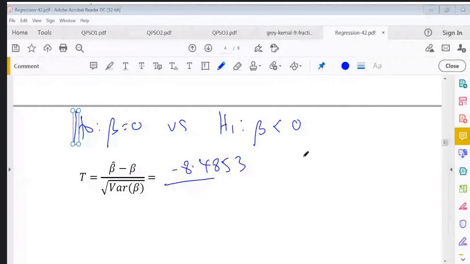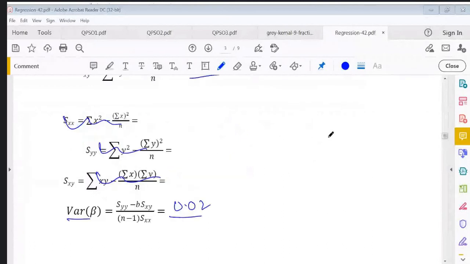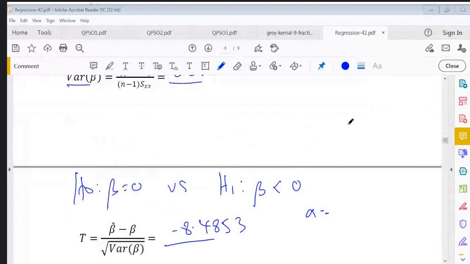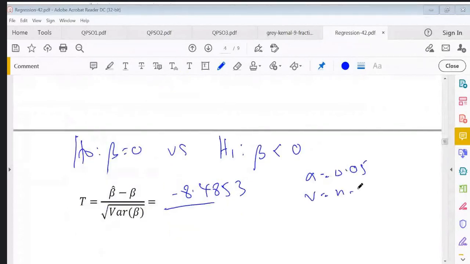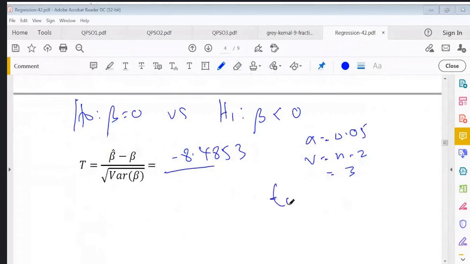Alpha for this question is just 5%, 0.05, and the degrees of freedom is n minus 2, which is 3. Looking from the table, what is the value T? 0.053. No need to divide alpha by 2.